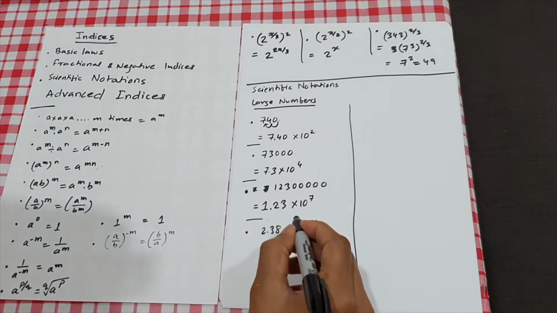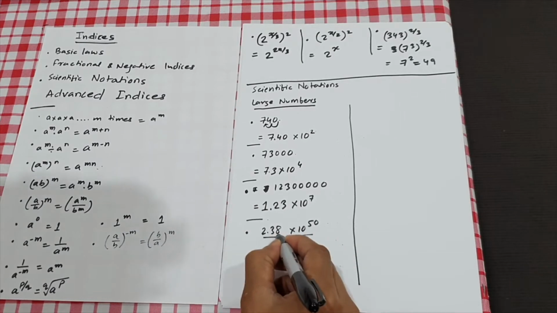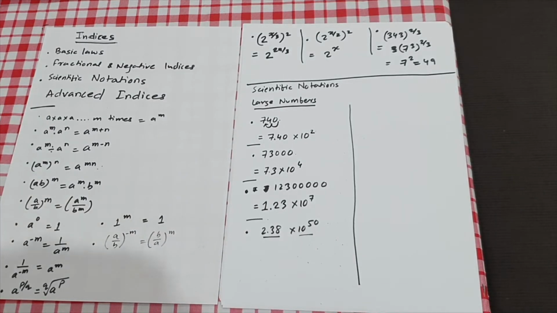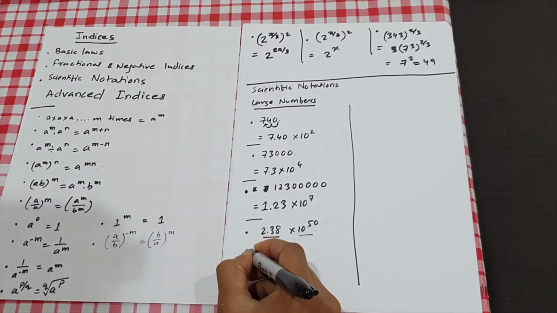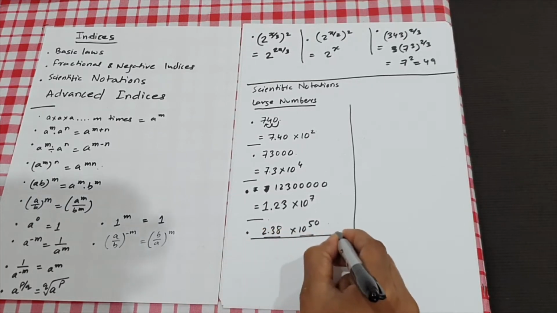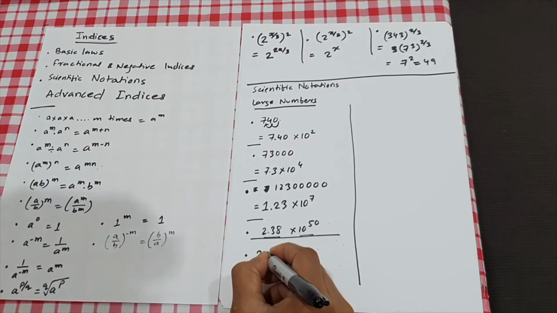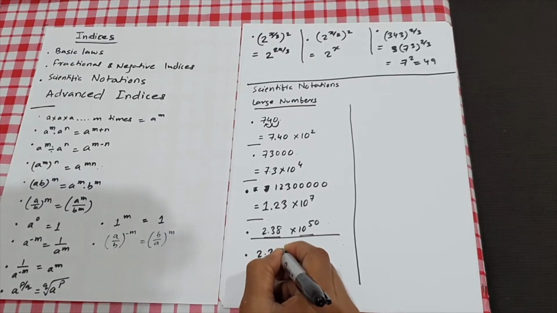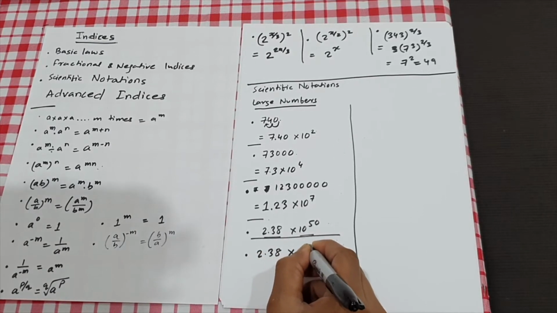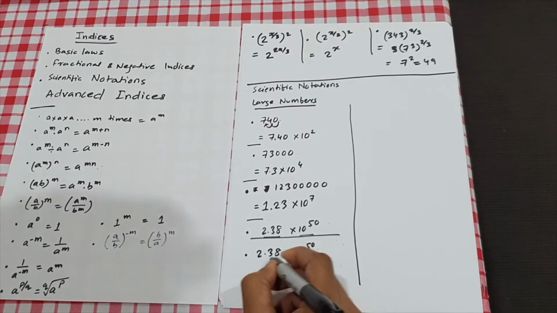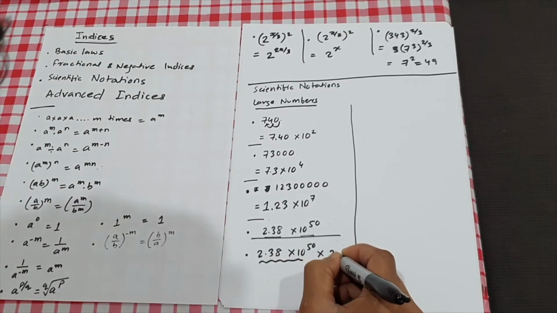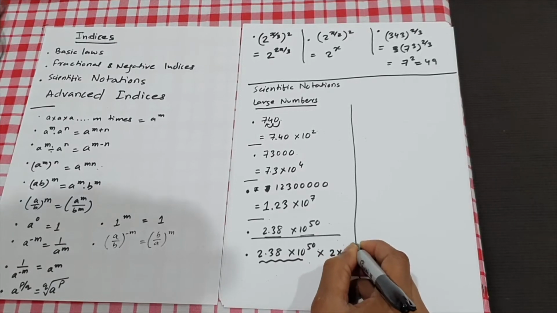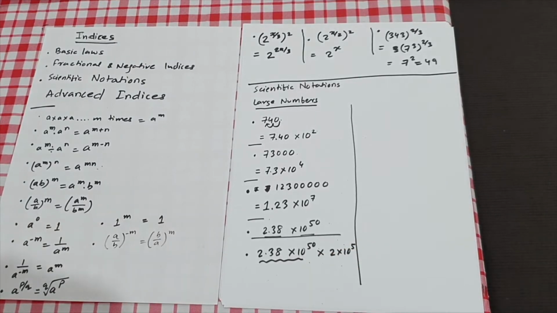Also, because of the special characteristics that we have with products, let me take another example. If I have to multiply 2.38 times 10 to the power 50, which is one large number, by 2 times 10 to the power 5, right?